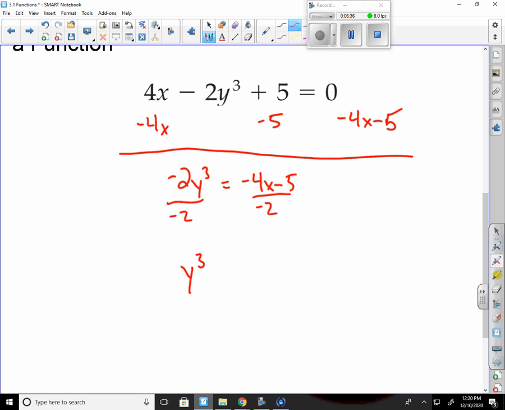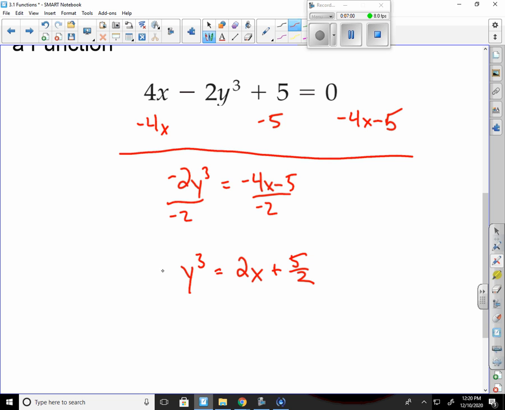Give me y to the third equals negative, let's just leave it as it is. Negative 4x divided by negative 2, that gives me a positive 2x. And then up here, 5 divided by 2, I'm just going to leave that as 5 halves.